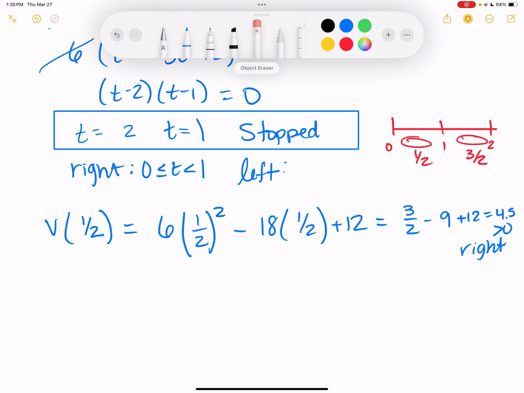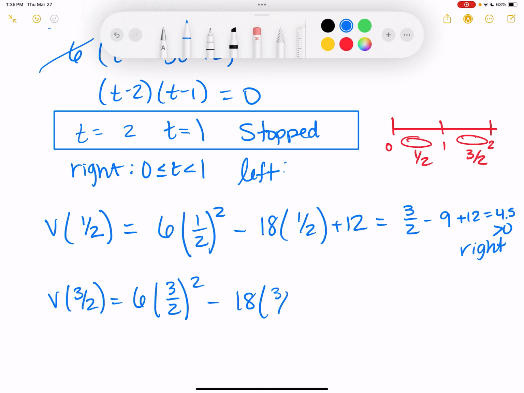Then v of 3/2 is 6 times 3/2 squared minus 18 times 3/2 plus 12. So that's, why am I struggling? 27/2 minus 27 plus 12, which is negative 1.5.